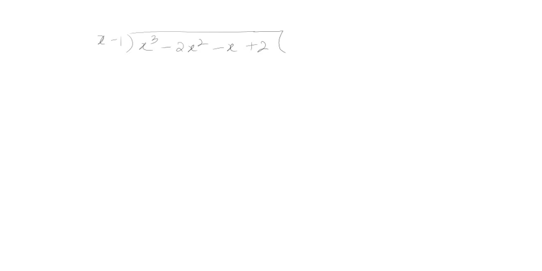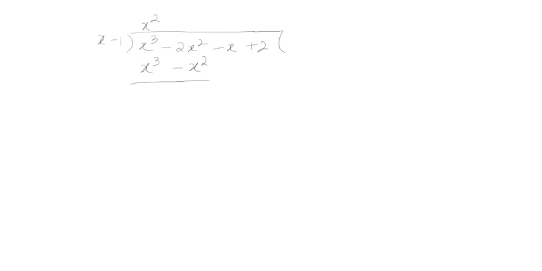Now I have to make x equal to x cube. How can I make x into x cube? By multiplying by x square. So I'll write x square here and I'll get x cube, and minus x square, because x square I have to multiply with x, so it becomes x cube, and x square with minus 1 becomes minus x square.